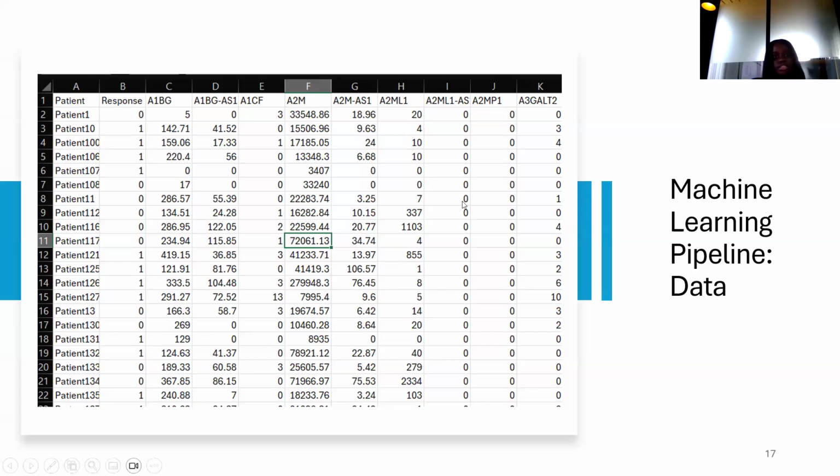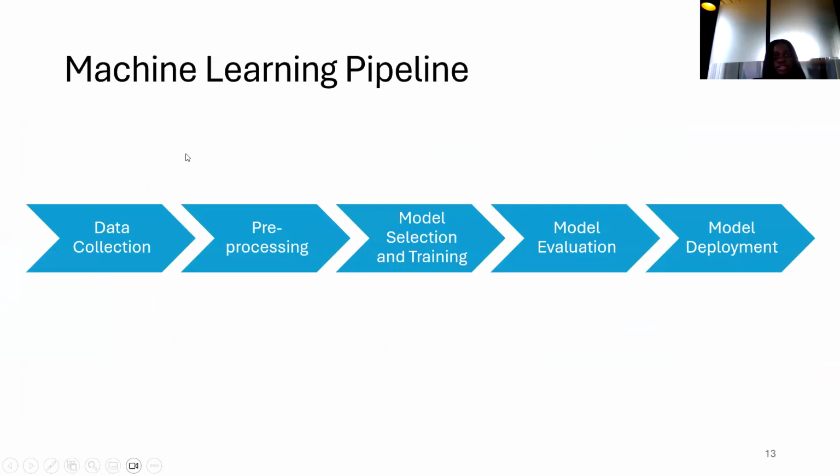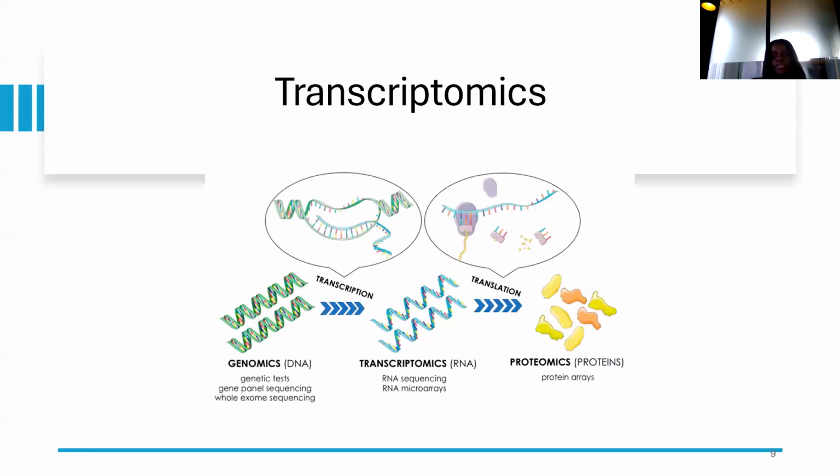So that's what the genes are here, and this is all of the expression data. So this patient had this much of this gene. So that's what my data is.